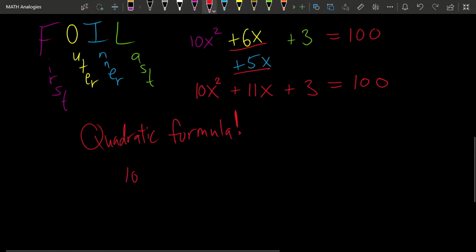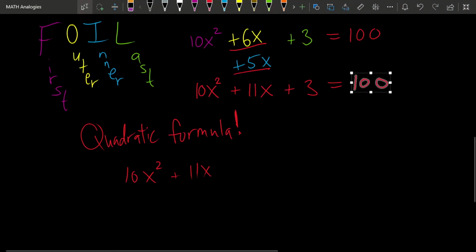So we can try that. We do 10x squared plus 11x, and then plus 3, but we want to move the 100 over, so we subtract the 100. So we have positive 3 minus 100. And that's going to be 97, but the negative version.